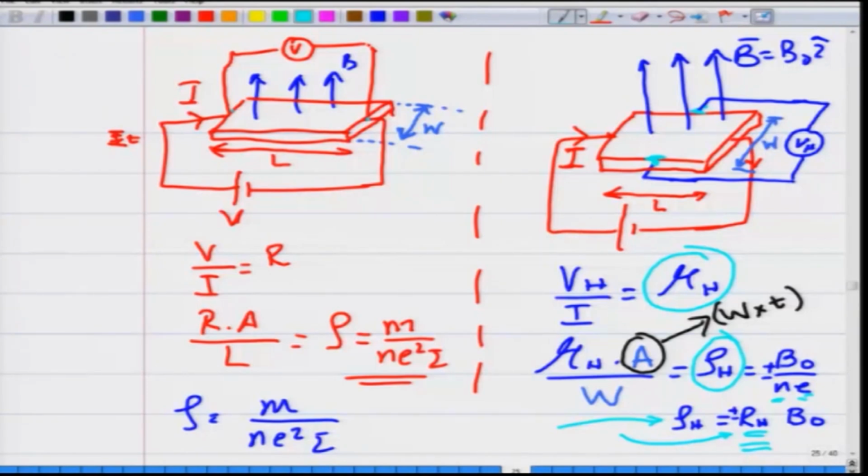It does not have any dependence on the magnetic field, but actual experiments show this is not true. There is a dependence. The longitudinal resistance also has a dependence on the magnetic field, and this is one of the failures of Drude's model, that it is unable to explain the magnetic field dependence of the longitudinal resistivity.